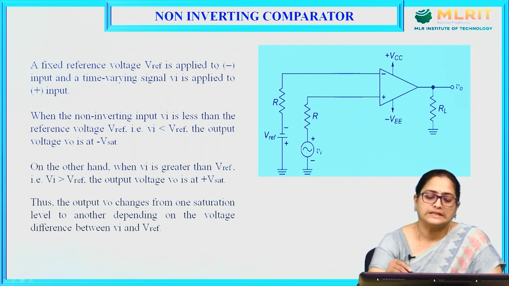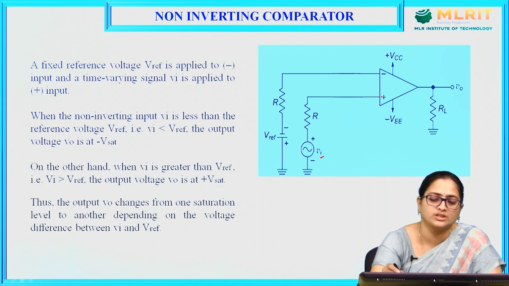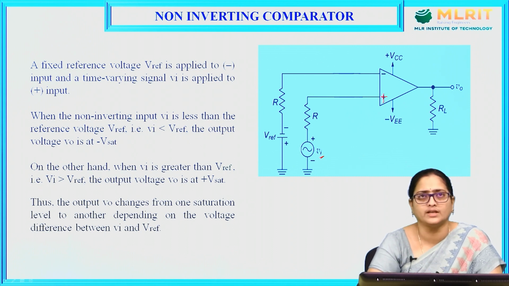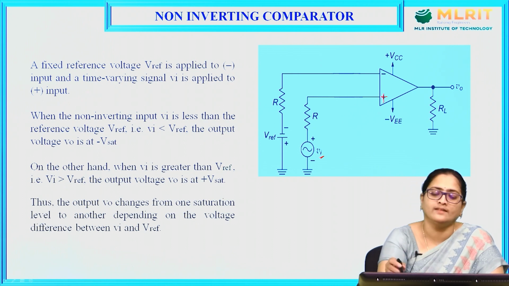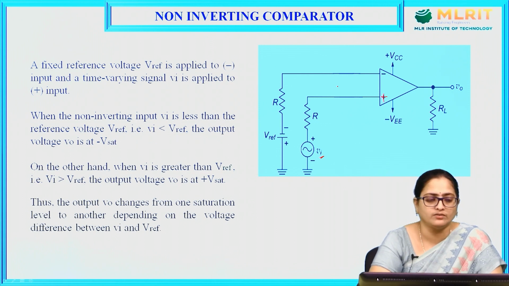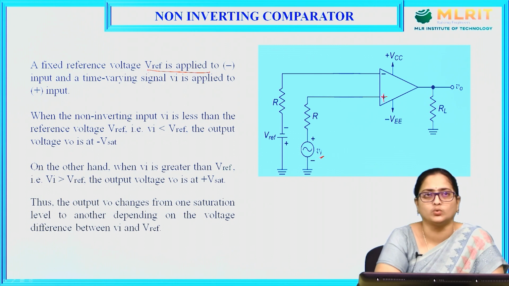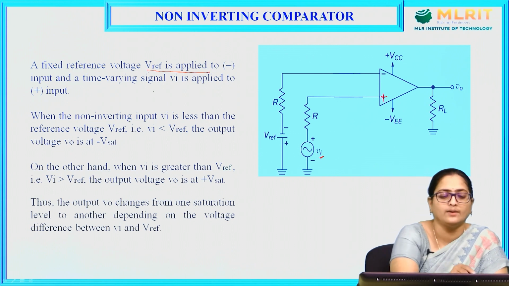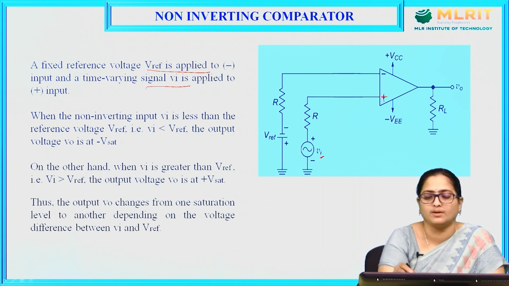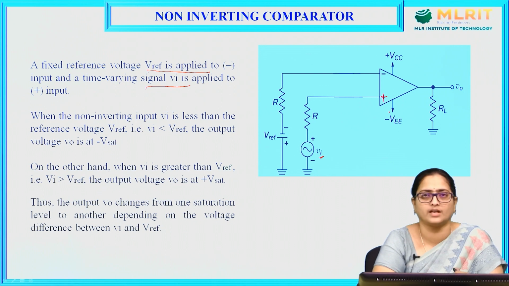That means the input voltage has to be connected to the positive terminal, and the known reference voltage has to be connected to the negative terminal. A fixed reference voltage V reference is applied to the input and the time varying signal Vi is applied to the positive terminal.